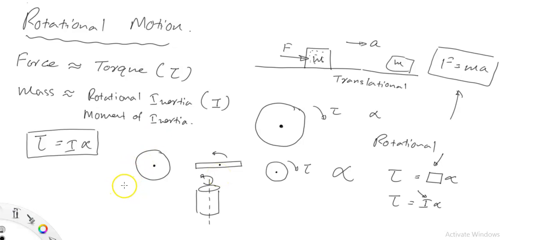It does depend on the mass of the object, and also it depends on the spread of the mass. What I meant by saying spread of the mass is, think about a thin cylinder. Let me erase this and make some more space.